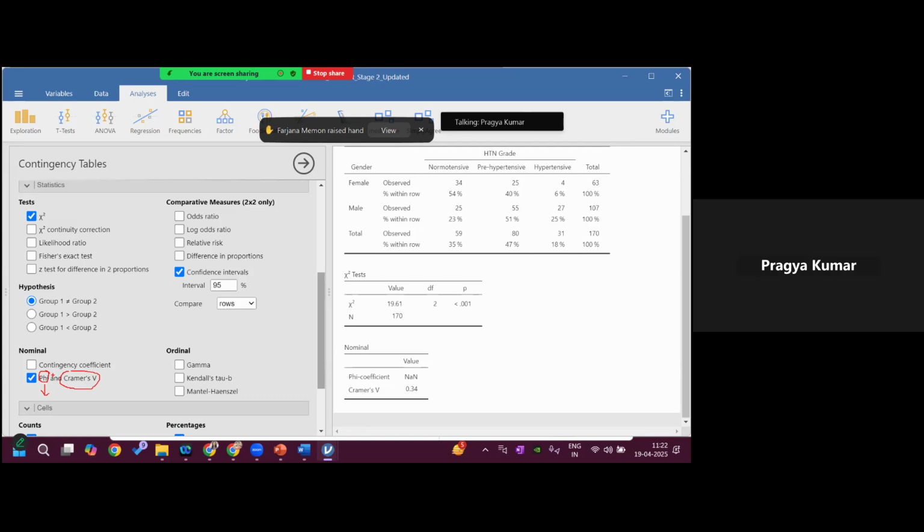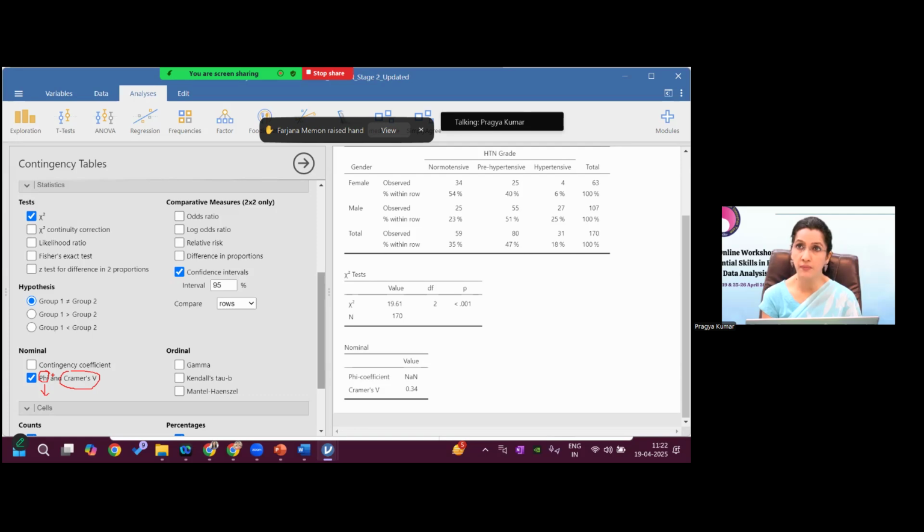Okay. And Dr. Farzana is asking, I want to confirm my understanding related to interpretation. There's a strong association between gender and hypertension grade, and it is statistically strong. Statistically strong, we never use. We write statistically significant. For saying something is strong, you need effect size.